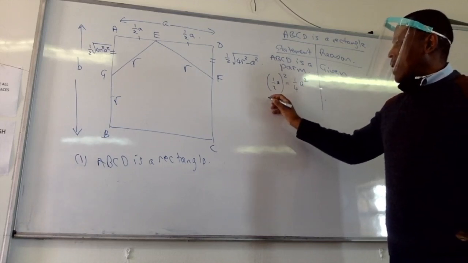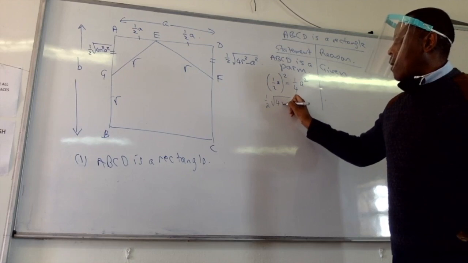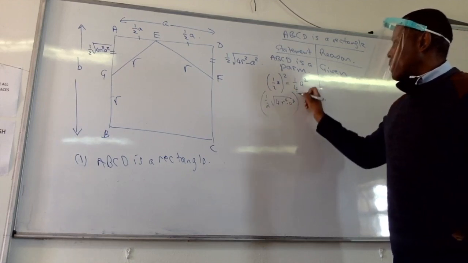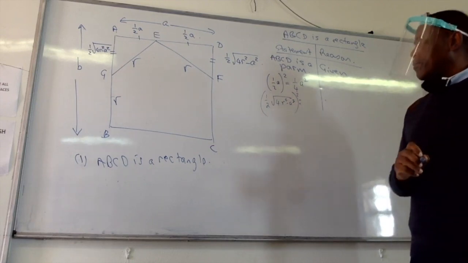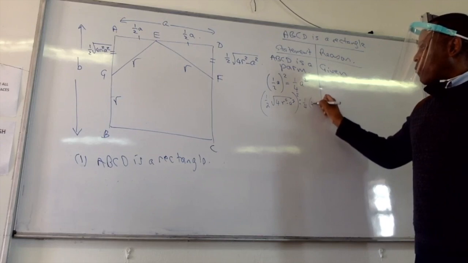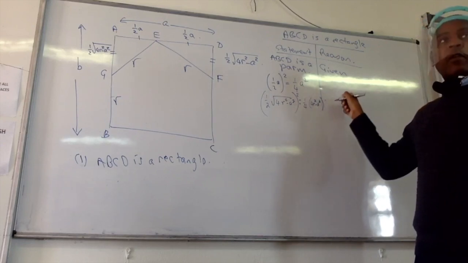Now let's take the other side. Half of the square root of 4r squared minus a squared. Let's square that. What do we get? We get a quarter of 4r squared minus a squared. I don't need a reason for all that, right?